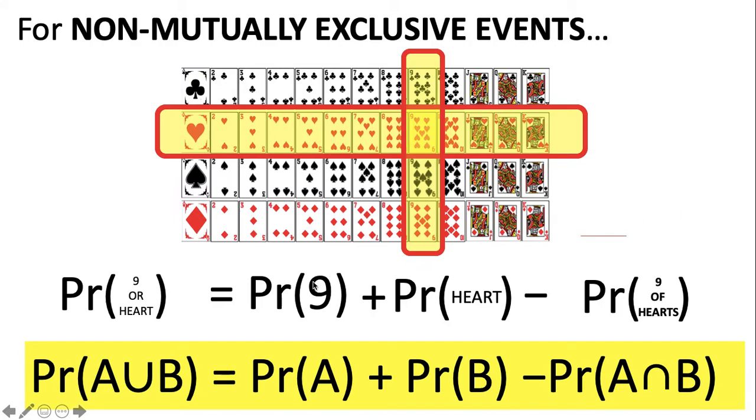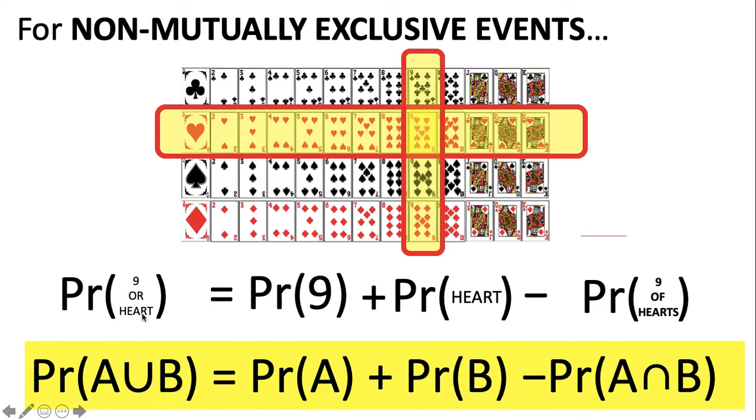In the case of the 9s or hearts, the probability of getting a 9 is 4 out of 52. The probability of getting a heart is 13 out of 52. The probability of getting the 9 of hearts is 1 out of 52.